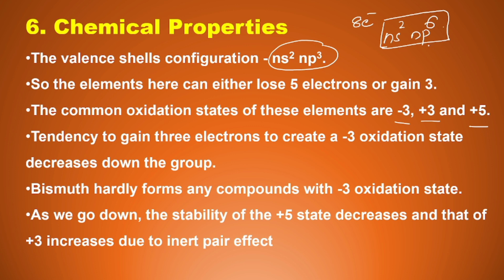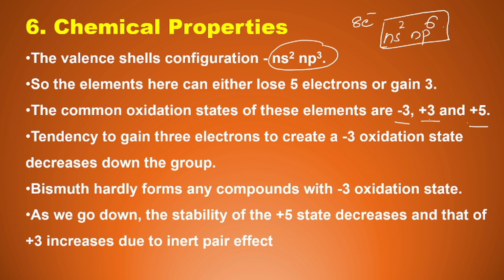To attain the noble gas configuration, you can add 3 electrons, or it can donate all these outermost 5 electrons. So, the common oxidation states are -3, +3 and +5.